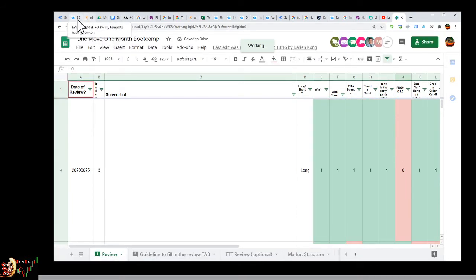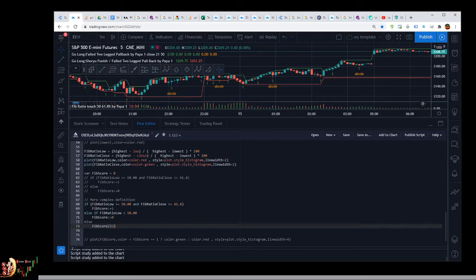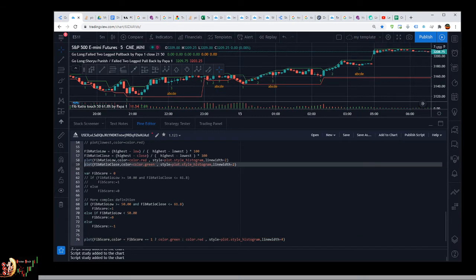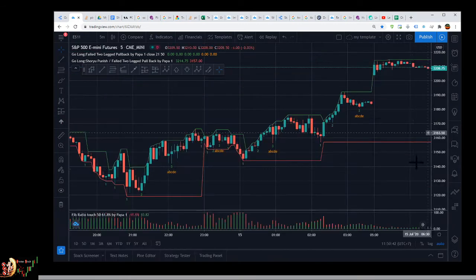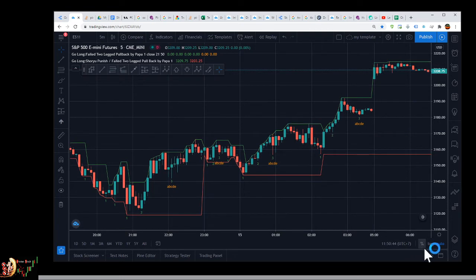Okay, so when I have this, I just need to plot it, right? So I'll comment this, and then it will say to me that I don't have the paid version, so I need to remove one indicator.